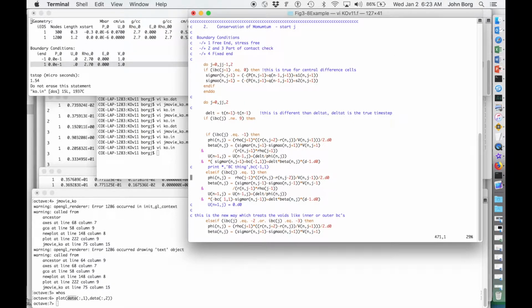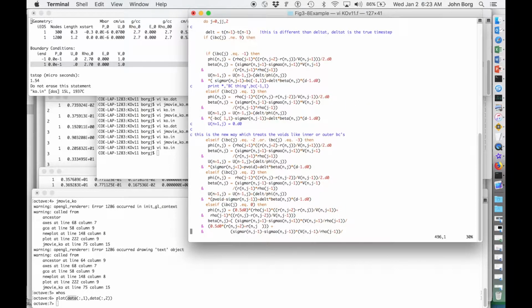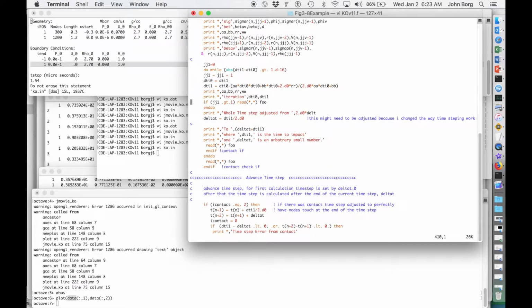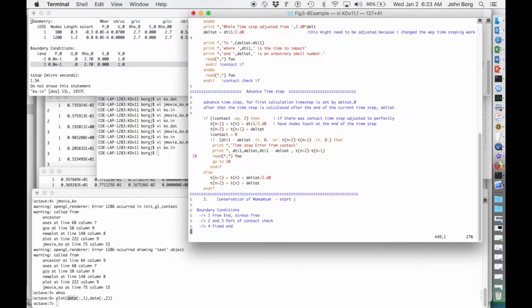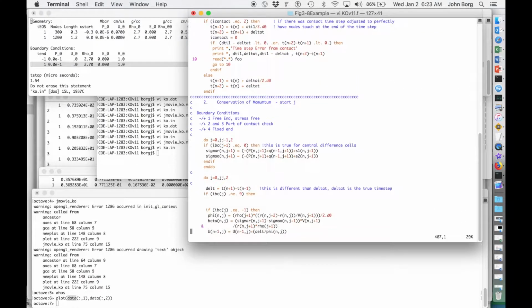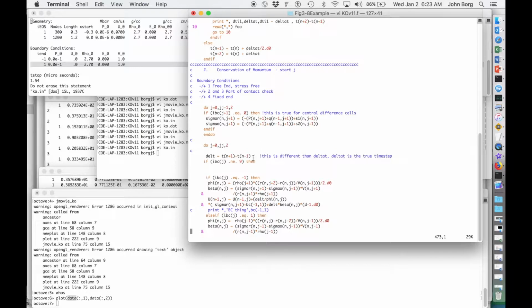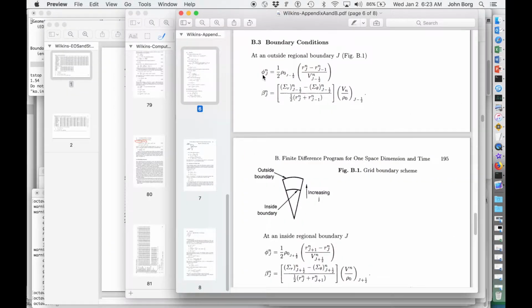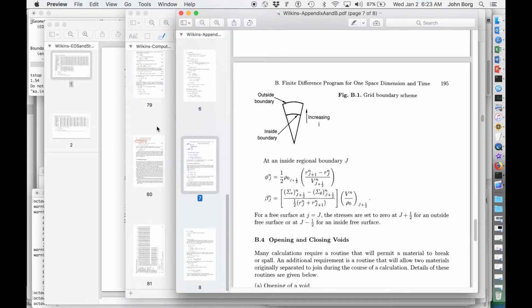I think I've also implemented some other boundary conditions within the code, and feel free to input your own. When you look at this, it's pretty easy to follow. So here's where it's doing a -1 boundary condition. Here's where it's calculating the phi, the beta, and the u, and that comes right off of this page here, the phi, the beta, and eventually the velocity for that interface.